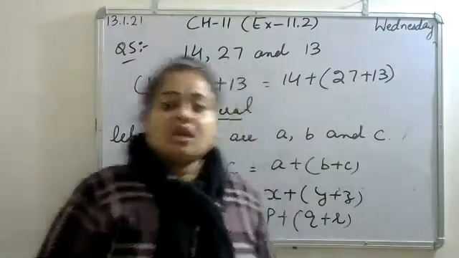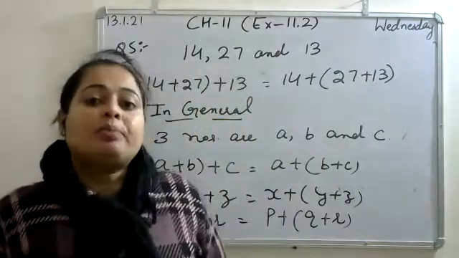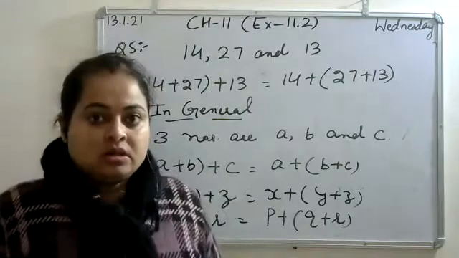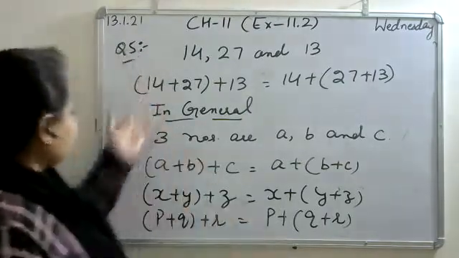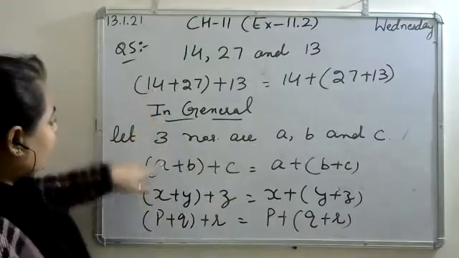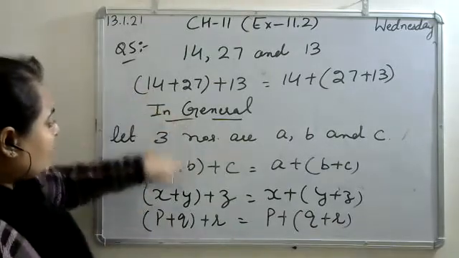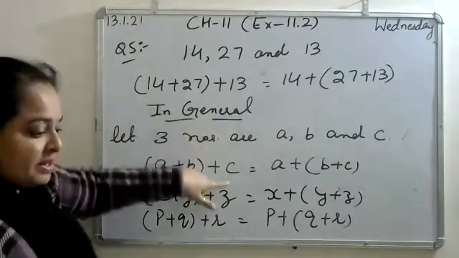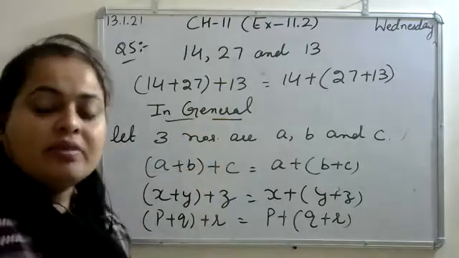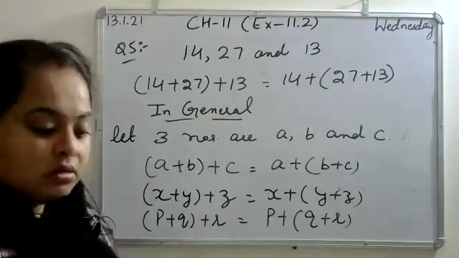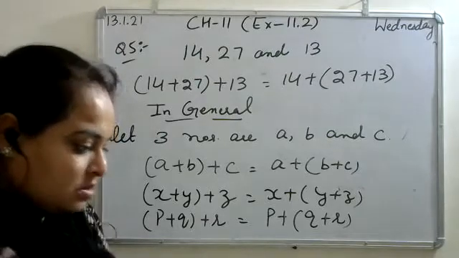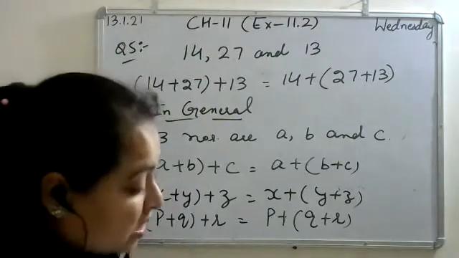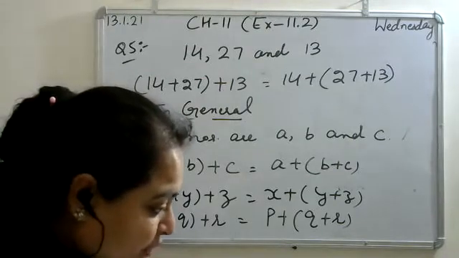The question is to write this property using algebra. Algebra means using variables. So I wrote a variable in place of 14, a; in place of 27, b; and in place of 13, c. Like this we will solve the sum. Okay? Okay ma'am. So this is algebra. So express in terms of algebra.